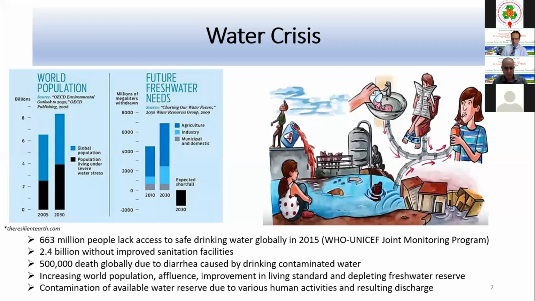Now it's changed. So the resource recovery philosophy ties up with the fundamental problem of water crisis. As we know, water crisis is caused by lack of freshwater reserves and also by pollution caused by various human activities. So where can resource recovery fit in?